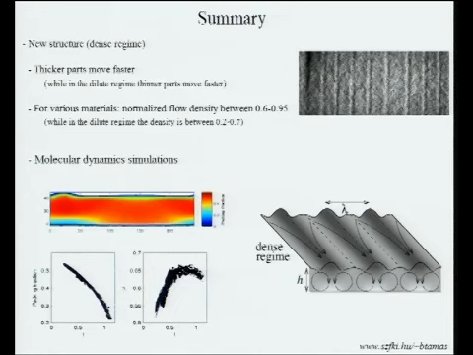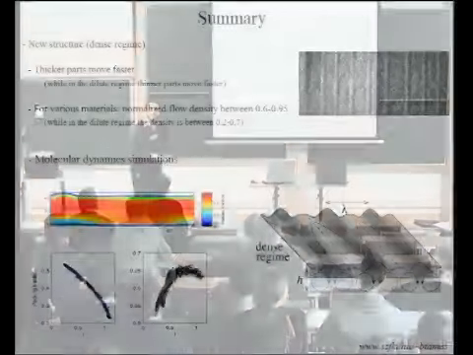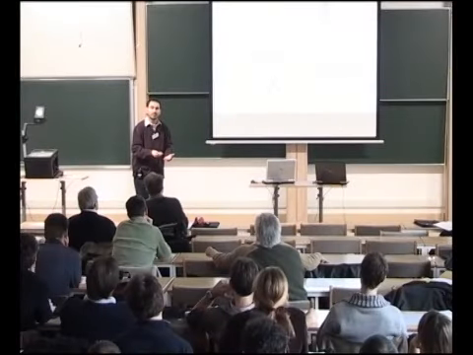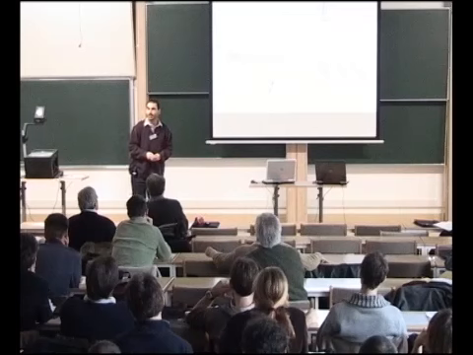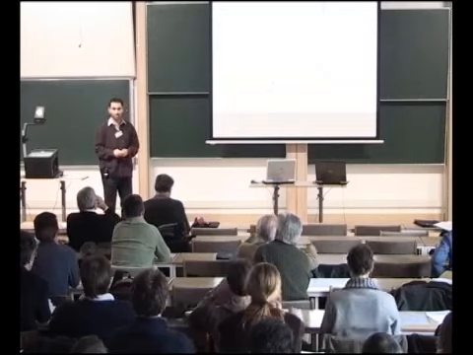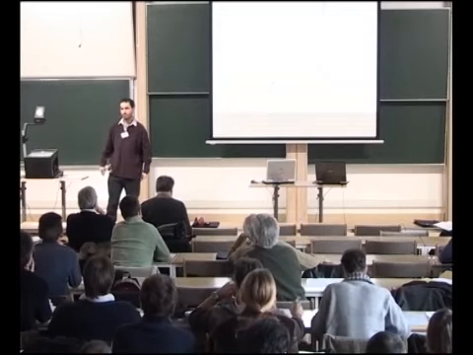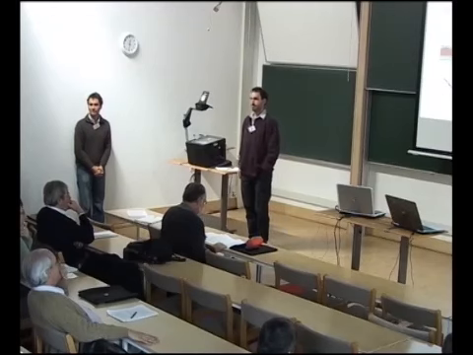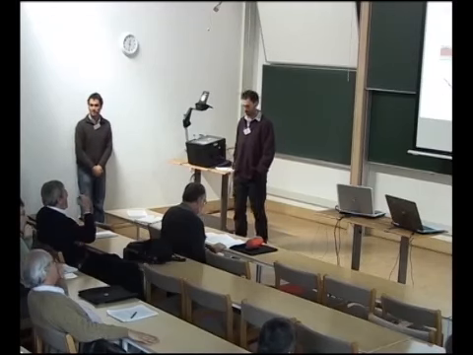You could think in terms of a Leidenfrost effect, where a liquid drop is just hovering above a hot plate, while the friction is reduced between the liquid and the hot plate by the evaporation of this drop. Thank you very much.